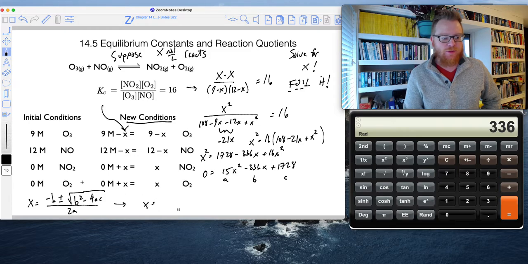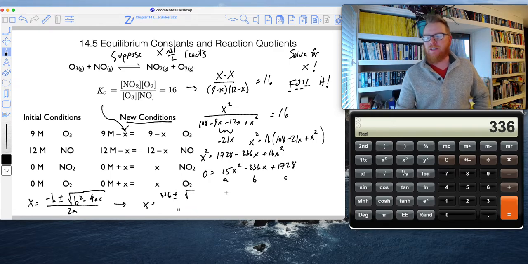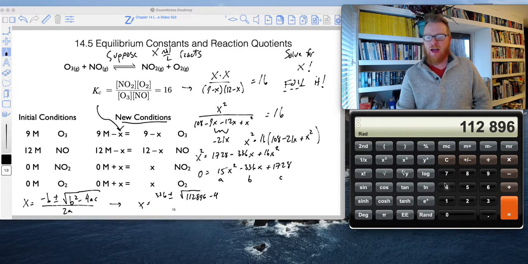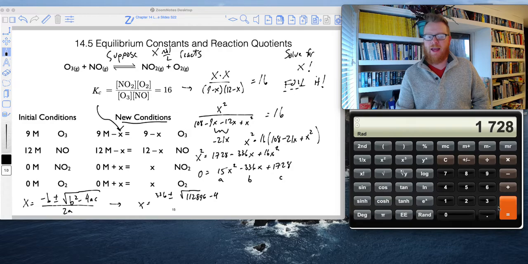So x equals negative b, so that makes it a positive 336, plus or minus the square root of b squared. 336 squared, oh my God, that's a big number, 112,896 minus 4 times A, which is 15, times C, which is 1728, equals, okay, good.